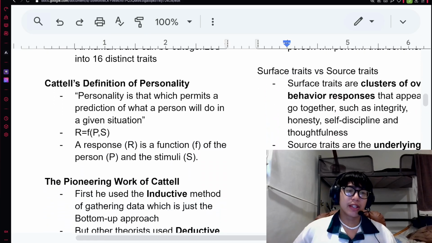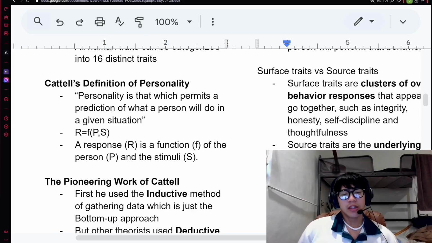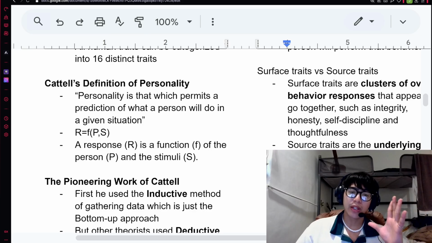Now, his definition for personality is interesting because to him, personality is that which permits a prediction of what a person will do in a given situation. So, according to Cattell, his definition of personality is basically just your reaction when presented in a given situation.